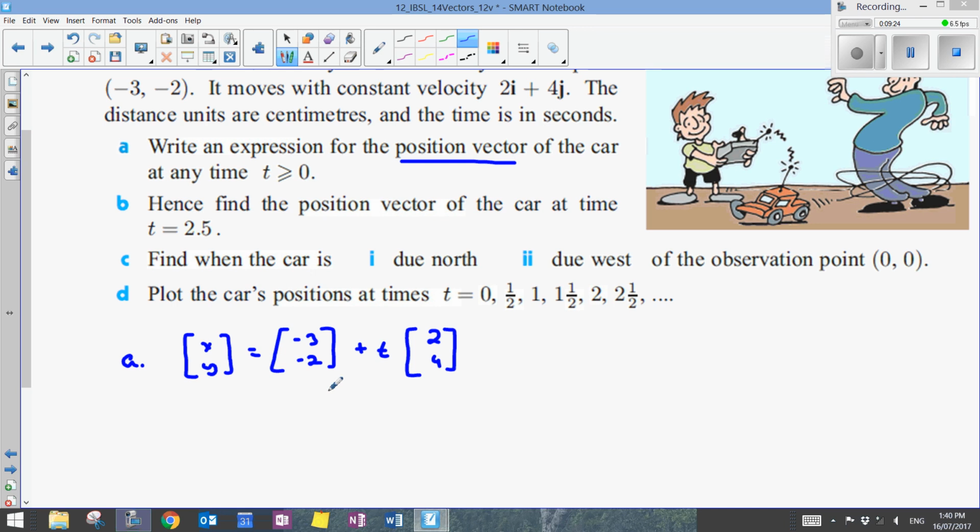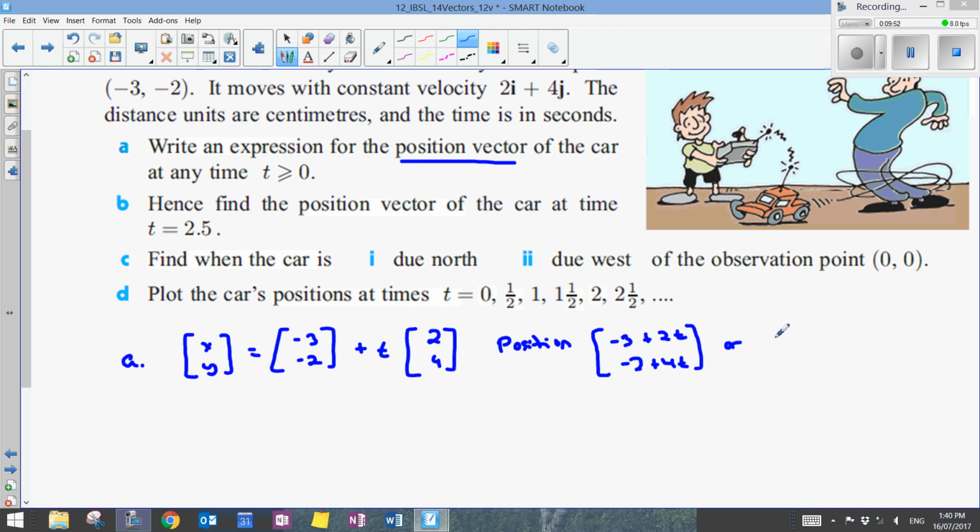I want a position vector. So again, my position would be a point x, y, but because they want a position vector, I'm going to leave it as a vector. So that means I could say that my x position is going to be -3 plus 2t, and my y position would be -2 plus 4t.